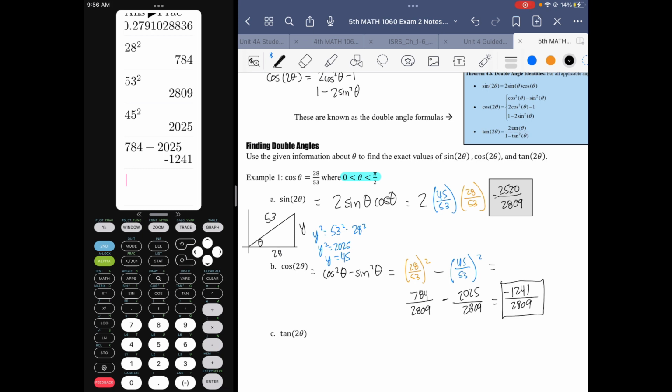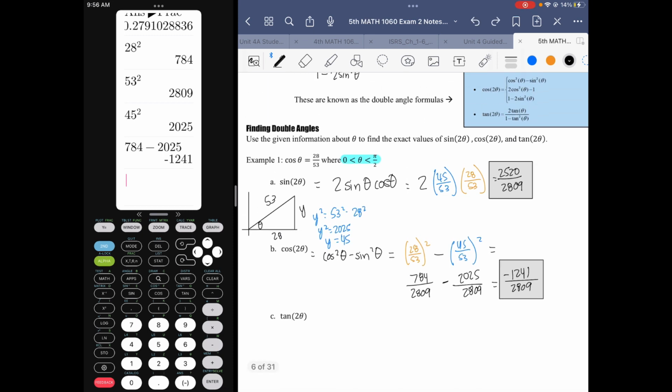There you have it. So again, this one did end up being negative. What that tells us is that this angle is big enough that when we doubled it, we went into the second quadrant.